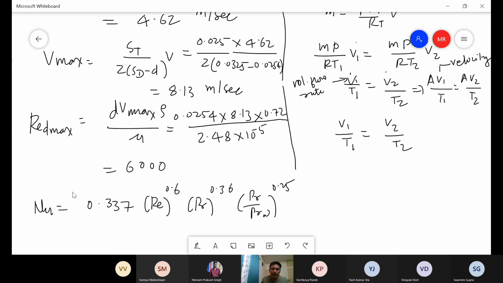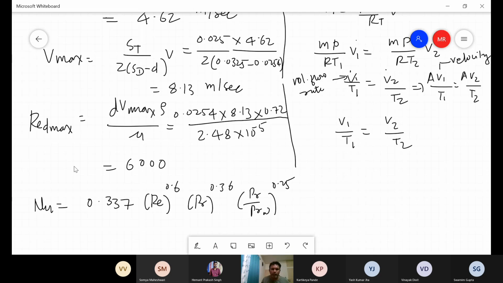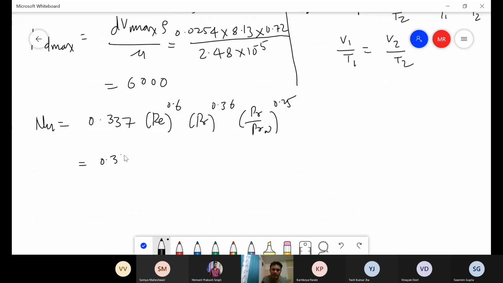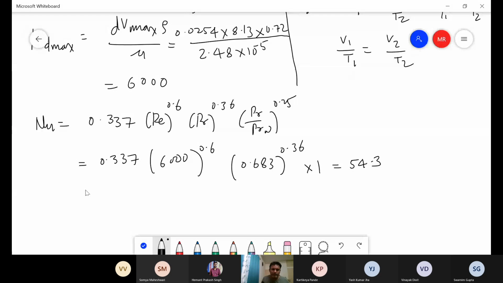So we can put all the values in this equation and solve this particular problem. So this becomes 0.337 into 6,000 raised to the power 0.6. Prandtl number is already given as 0.683 raised to the power 0.36 into just 1. So this comes around to be 54.3, and this is nothing but hD by k.